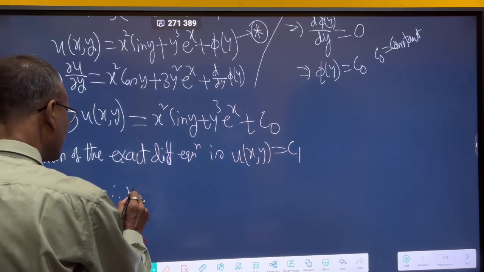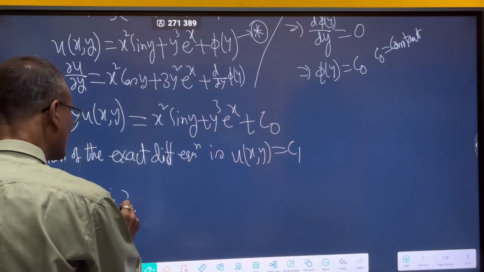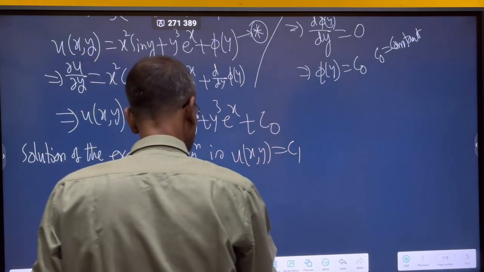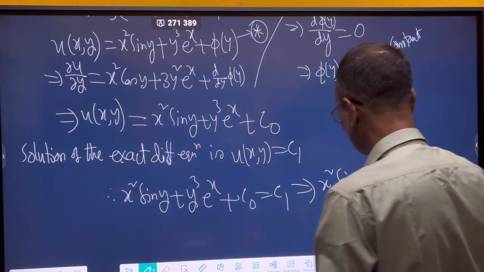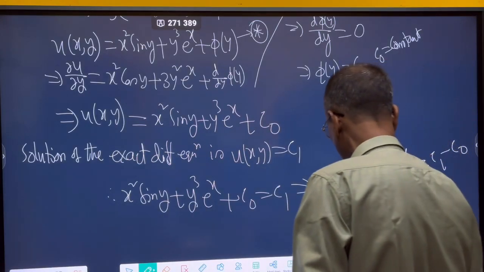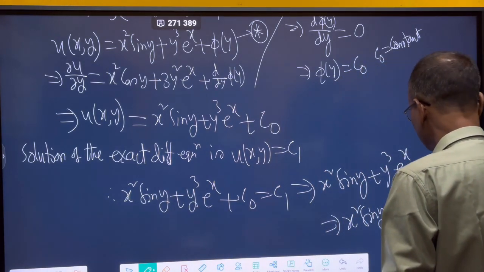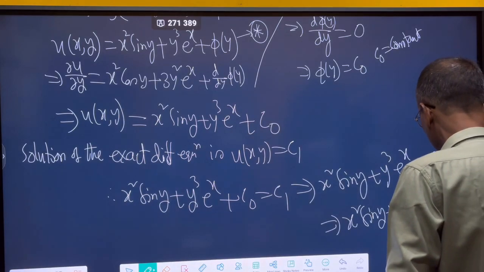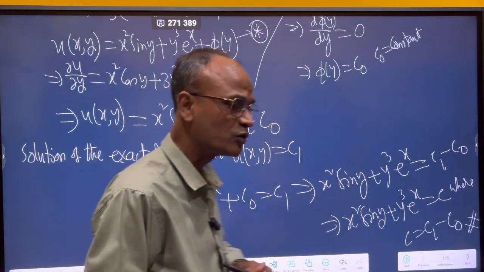Therefore, x square sin y plus y cube e to the power x plus c naught equal to c1, or x square sin y plus y cube e to the power x equal to c1 minus c0, or x square sin y plus y cube e to the power x equal to c, where c equal to c1 minus c0. In this way, we can solve the differential equation. This is method 1.